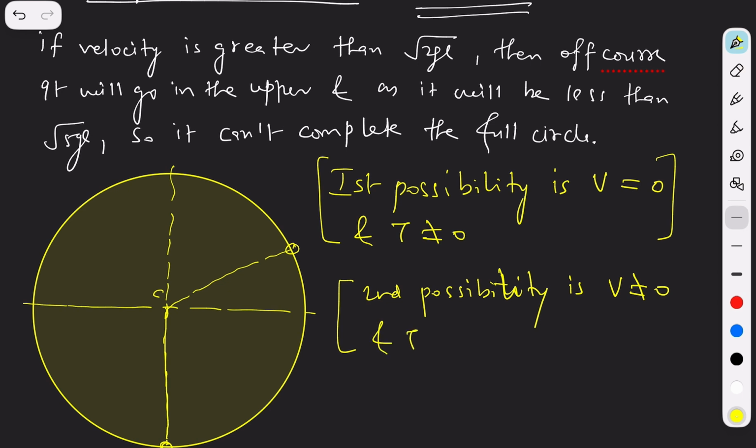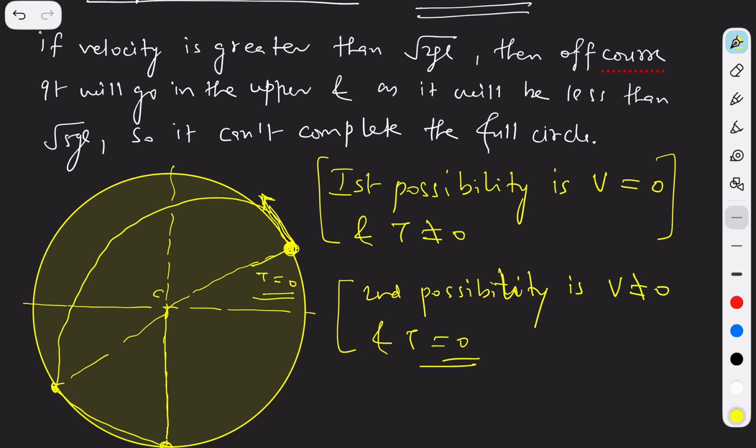It means when the particle just reaches here, the tension becomes zero, so there is no control by the string on the particle, and the particle can move as it wants to move. Suppose there is some velocity left to the particle, and due to this velocity the particle is going to do this kind of projectile motion, and then maybe it will come here and then do the oscillation or something like this.